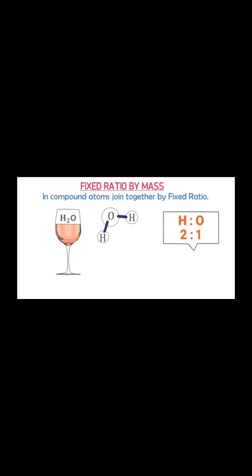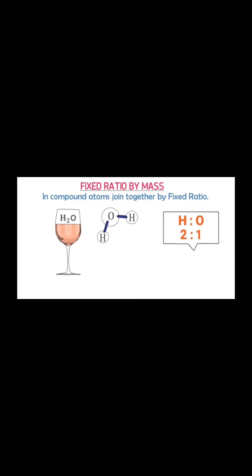And you know that the chemical formula for water is H2O. In a molecule of water, you have two hydrogen atoms and one oxygen atom. And the ratio of hydrogen atom to the oxygen atom is 2:1.